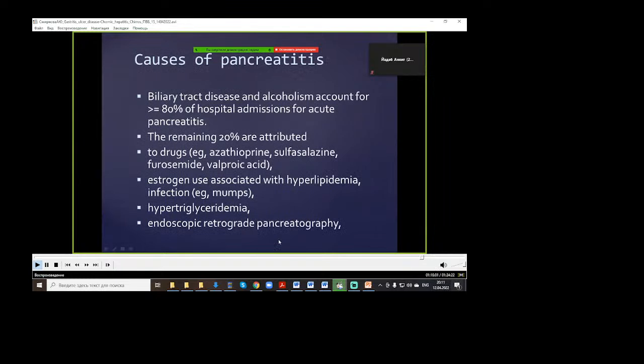Causes of pancreatitis. The first, biliary tract diseases and alcoholism account for more than 80% of hospital admissions for acute pancreatitis. So two main causes: alcohol consumption and biliary tract diseases such as cholelithiasis. The remaining 20% are attributed to drugs, estrogen use, hypertriglyceridemia, and endoscopic retrograde pancreatography.